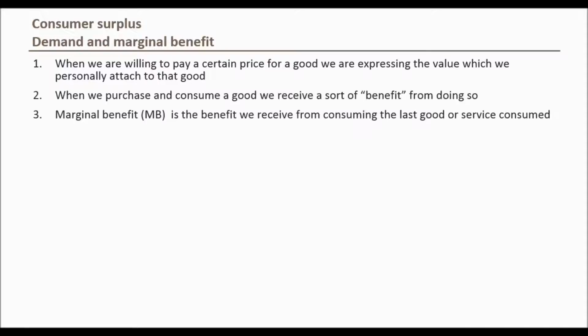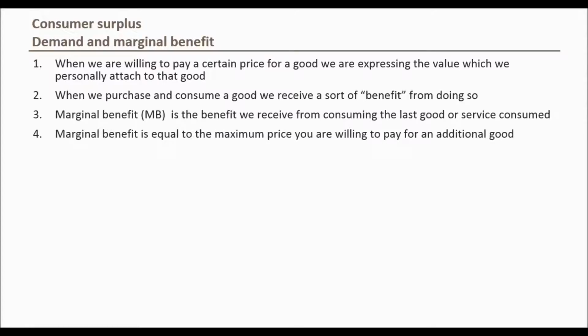I didn't eat a fifth biscuit because I felt that the cost of an additional biscuit was not worth the benefit I would receive from consuming it. So marginal benefit tells us that the benefit received from consuming the last good or service is equal to the maximum price we are willing to pay for that good or service.